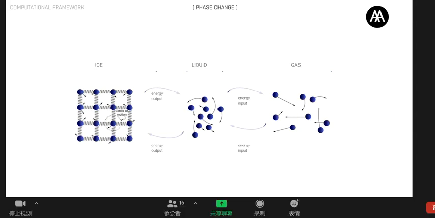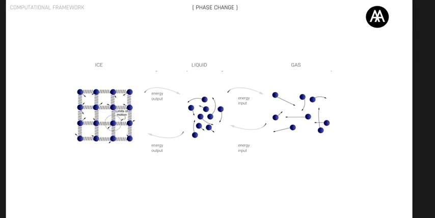Yes, and it's a triangle. So the bonding process is that the particles together are interconnected somehow. But we are now simulating in an abstract way. Yeah, exactly. That's my point, that we are kind of struggling there.